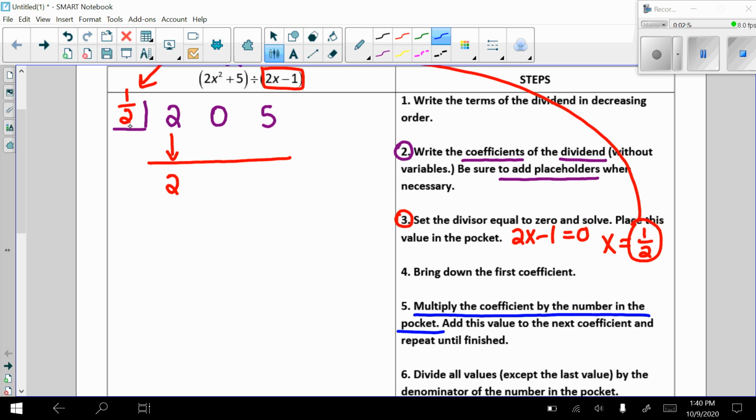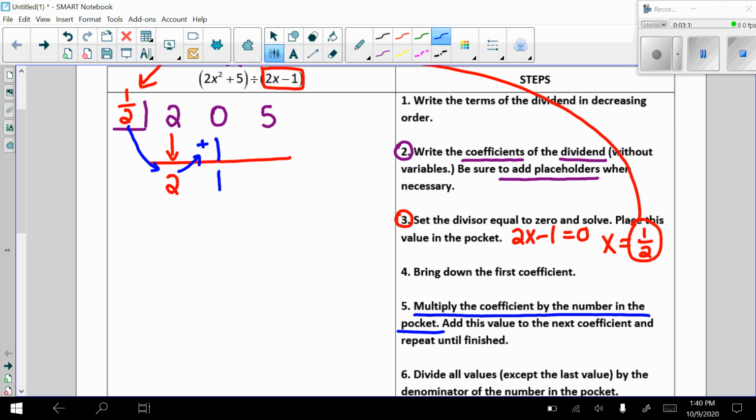So in other words, 1/2 times 2 is 1. And we will put that 1 right here. So one of the things about synthetic division is instead of subtracting, like we do in long division, we actually add. So we say 0 plus 1 is 1.